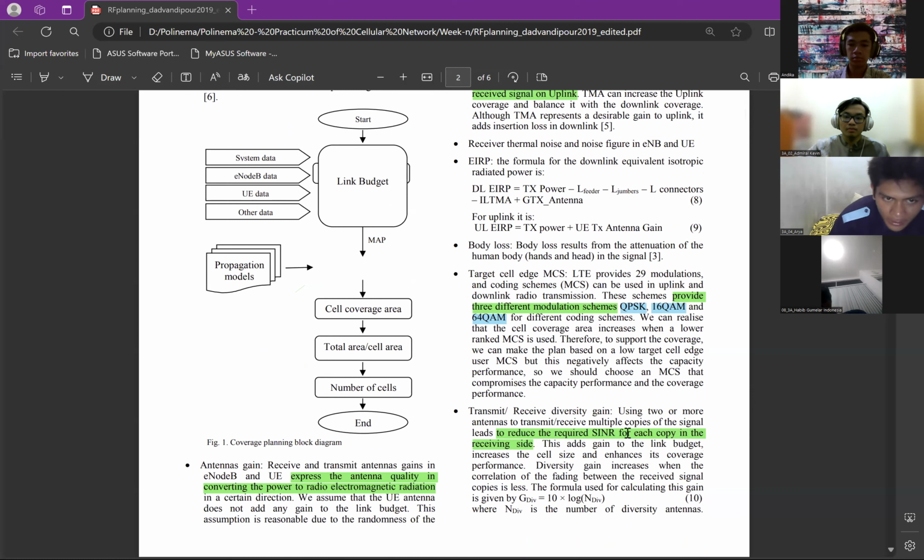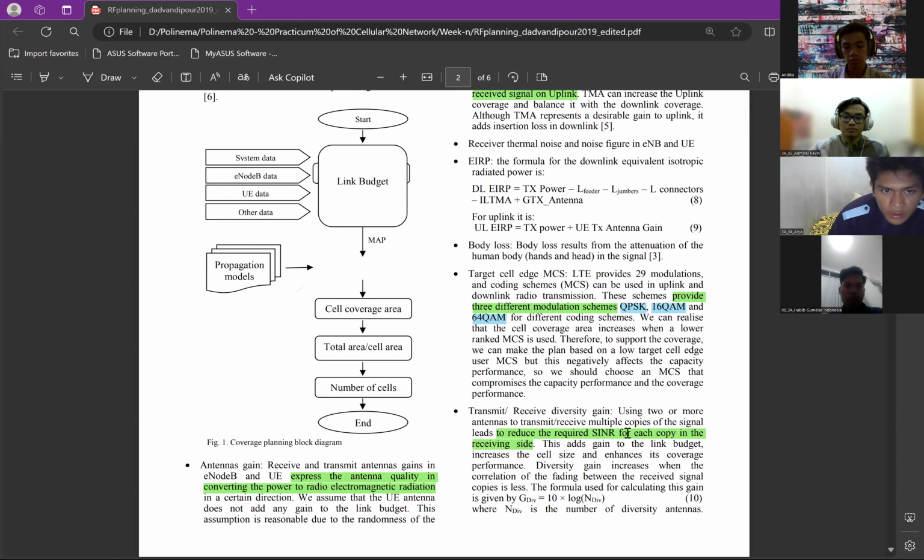Antenna gains. Receive and transmit antenna gains in eNodeB and UE express the antenna quality in converting the power to radio electromagnetic radiation in a certain direction. We assume that the UE antenna does not add any gain to the link budget.